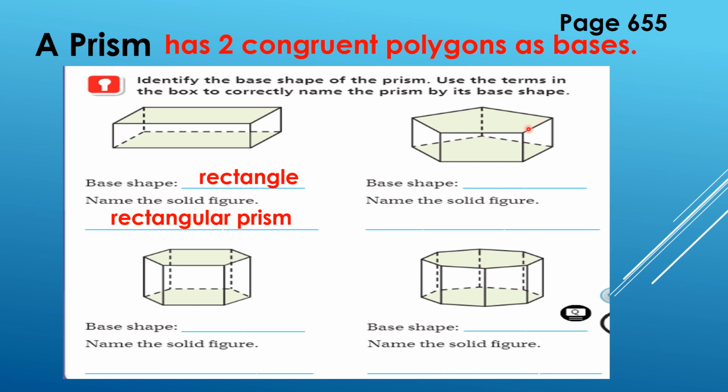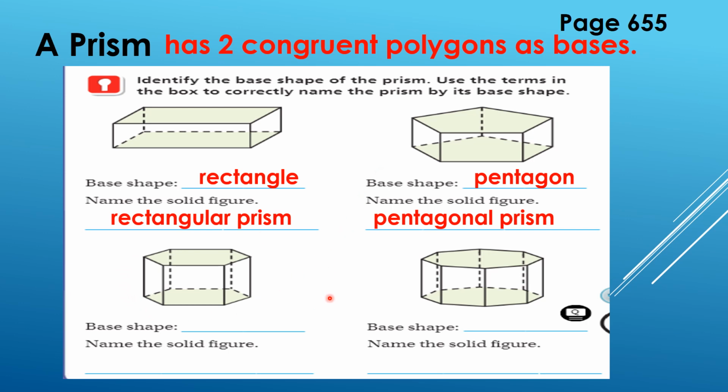Do you remember what's the name of this polygon? Excellent, it's a pentagon. Now who can tell me what's the name of this prism according to the base shape? Good job. It's a pentagonal prism. Well done. Let's now take the third shape.